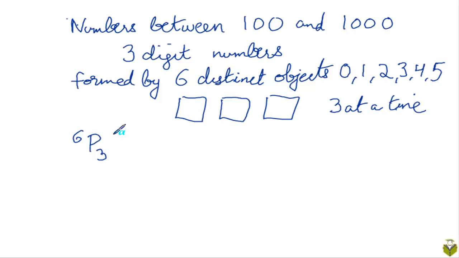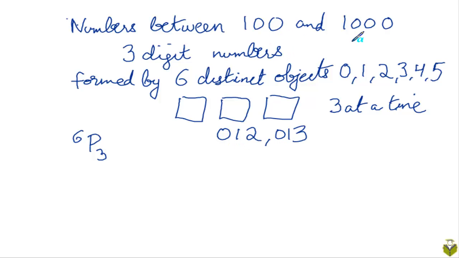We have also spoken about it before that you can have numbers like 012 or 013 also, right, included in 6P3. Why? Because from these 6 digits, any 3 can be picked and arranged in these 3 boxes. So these are also choices which are right. But are they 3-digit numbers? No, right?